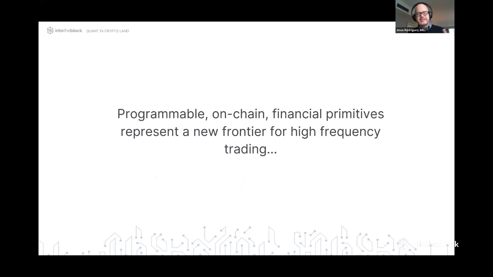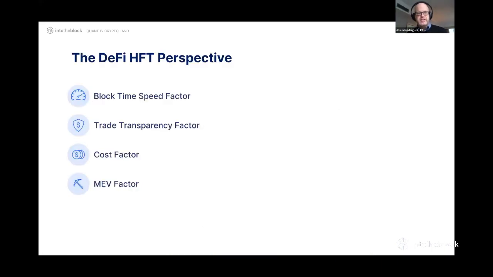The idea that everything is on chain, you're seeing what your competition is doing, your competition is seeing what you're doing, and you have first-level access to the underlying financial primitive encompasses all the key characteristics of HFT, high-frequency trading, in a more open setting.